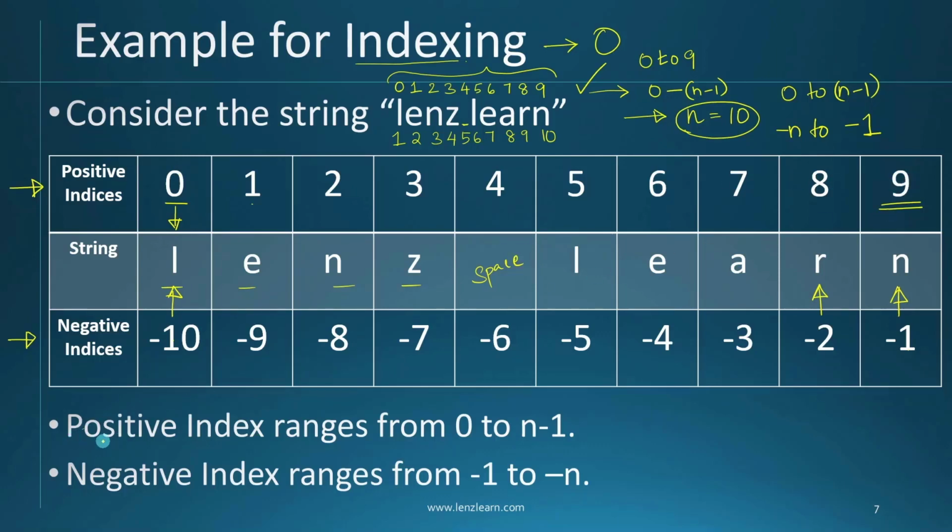So that is what is written over here. The positive index range is 0 to n minus 1. Negative index range is minus 1 to minus n. So please take note of this. Multiple choice questions can come by changing the logic to confuse you. Now we go to the next slide.